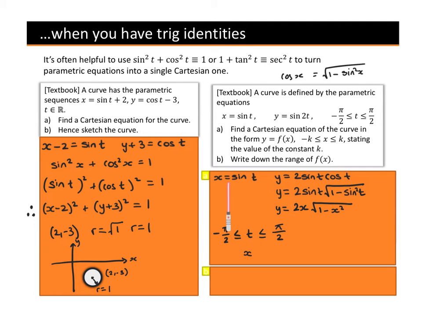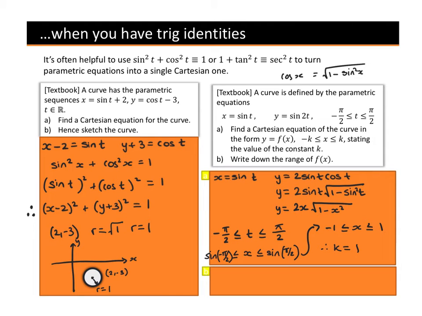We applied sine to it, didn't we? Okay? So for this to be equal x, that means I'm going to have to do sine of pi over 2 and sine of minus pi over 2. Yeah? So then, what is sine of minus pi over 2? Minus 1. Sine of pi over 2? 1. So this is our new domain. Therefore, k equals 1. Okay?